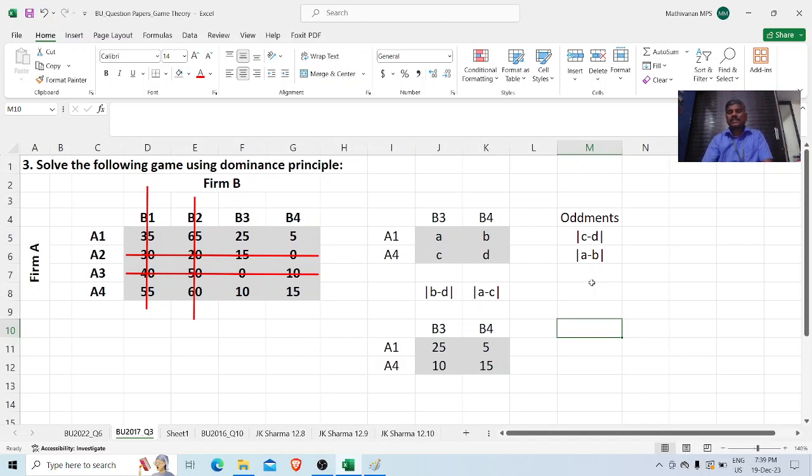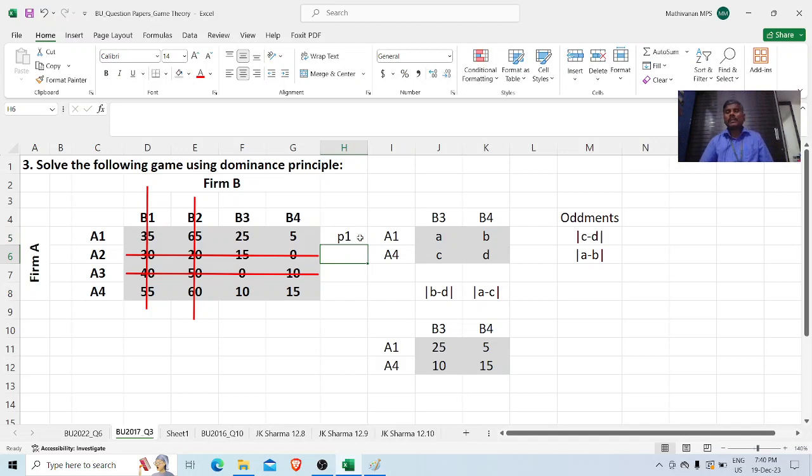So here, if we solve for this maximum principle for this matrix, we will not have a saddle point. That means each of these players are using these strategies or more than one strategy with different probabilities. The probability with which the firm A uses the first strategy is P1.